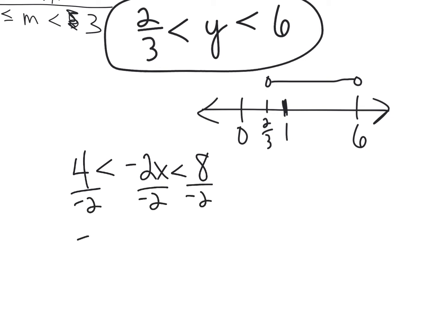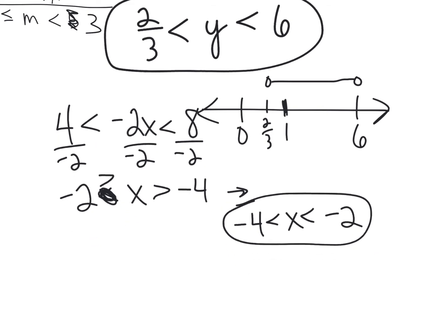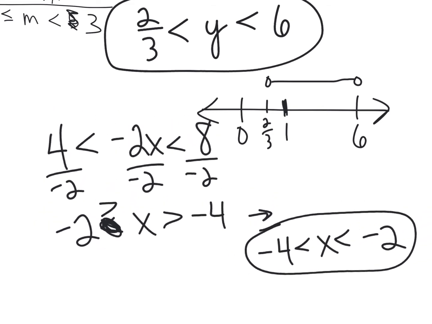When you divide by -2, dividing by a negative is going to switch your inequalities around. And so at that point, probably in order to graph this, it would be easier to change the order of these things. Watch your direction of your inequalities. As long as they're opening towards the same thing as they were before, then you know you've done it correctly.